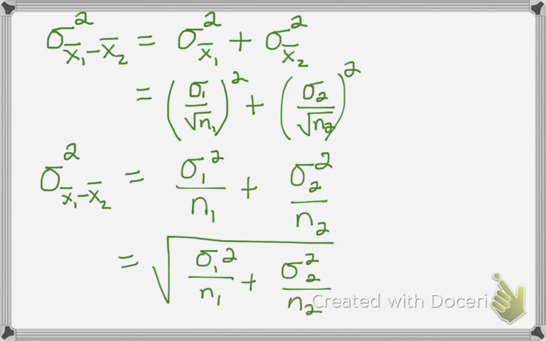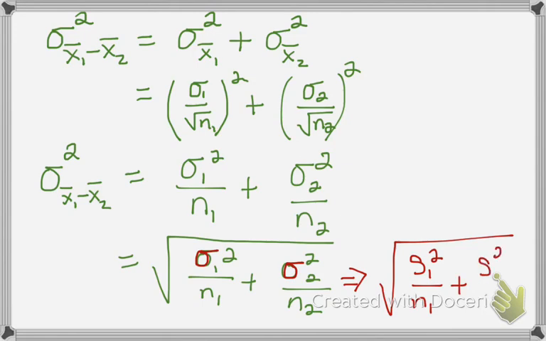Now in reality, we don't know these population standard deviations. So really this converts to be s1 squared over n1 plus s2 squared over n2.